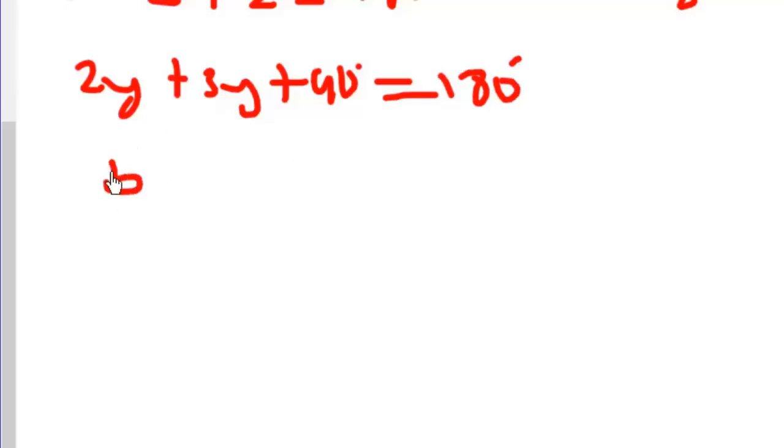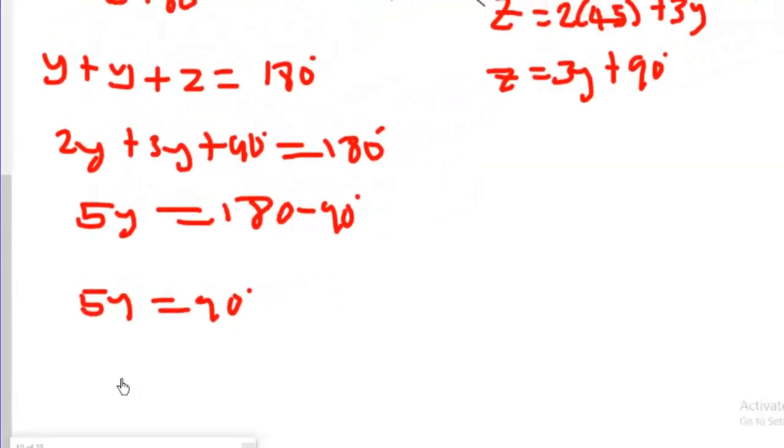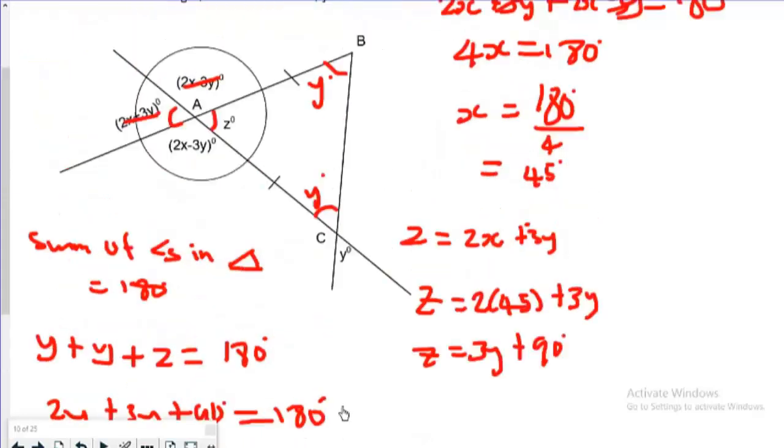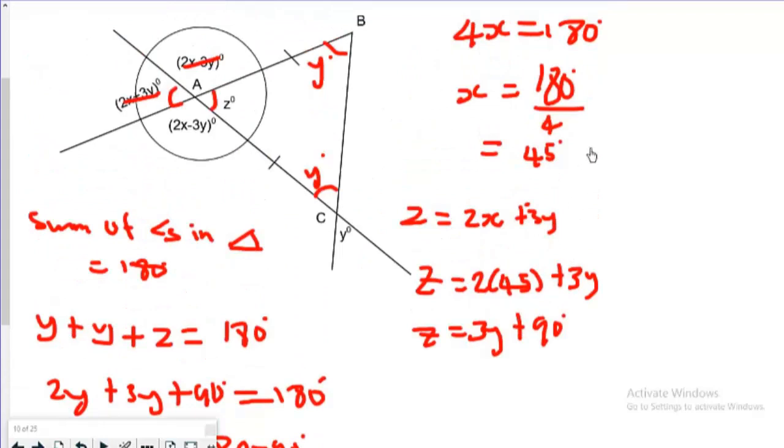So this will give me 5y is equal to 180 minus 90 degrees. So my 5y will now be equal to 90 degrees. So my y will be equal to 90 divided by 5, and this will be equal to 18 degrees. So hence our x is equal to 45 degrees.